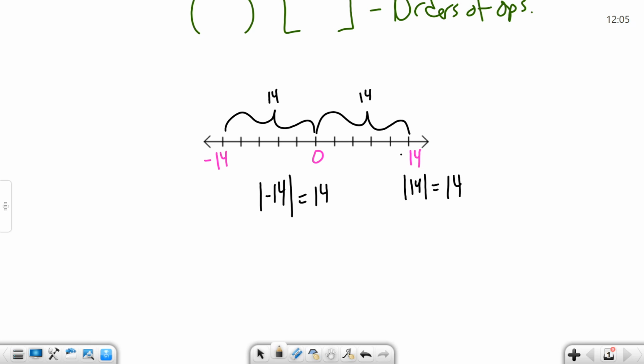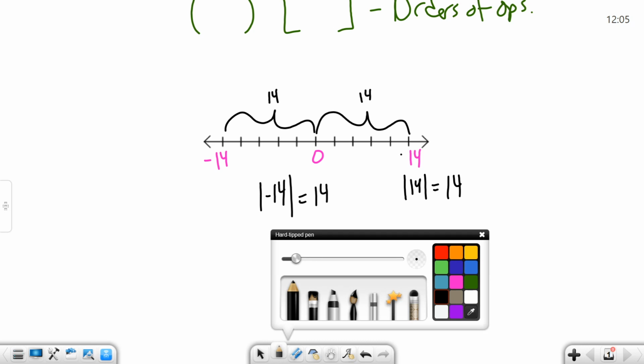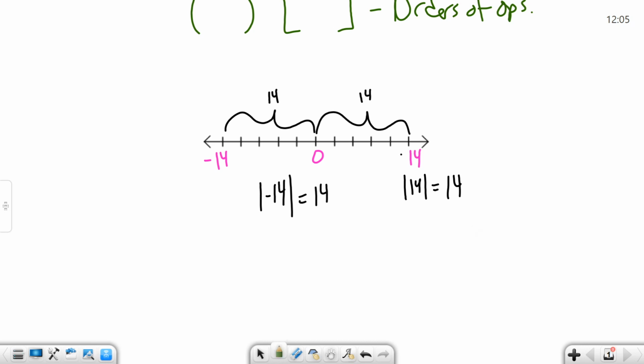Something else that you might see is a negative sign outside of the absolute value sign. And in this case, the negative sign is going to be treated like -1.